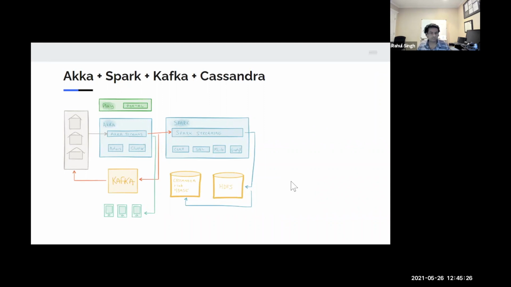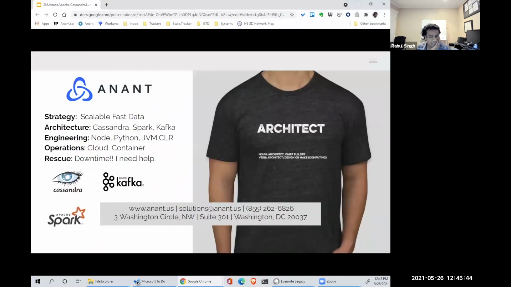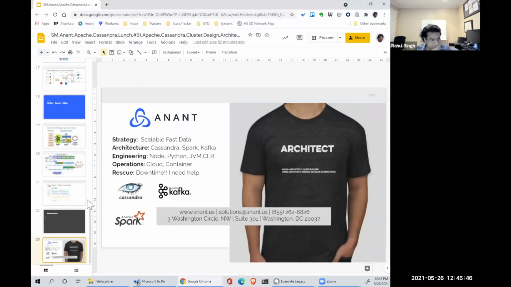I mean, it depends. You just name some big company that is using Cassandra. To do it at scale, they're probably doing it with workload isolation. Some of them I know have separate clusters, but that's for a different reason. Okay. So that's it for my presentation today. Happy to answer any questions and have a quick discussion.